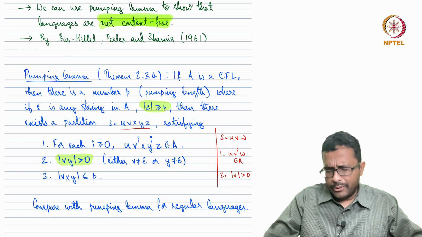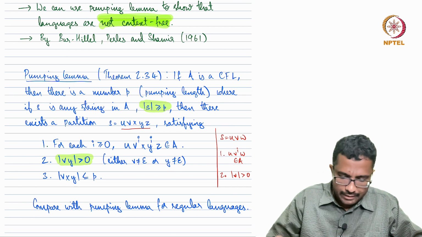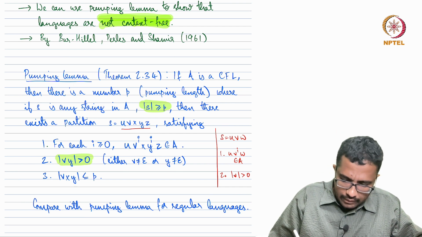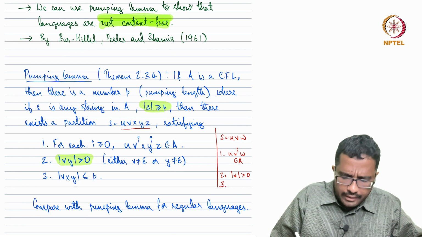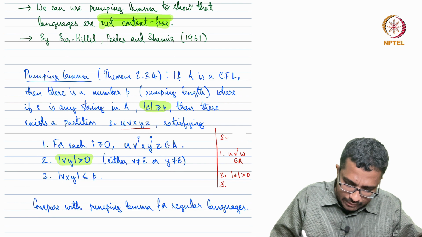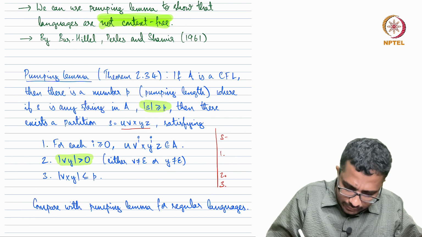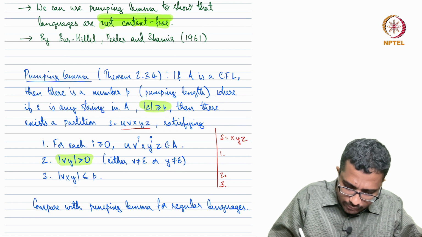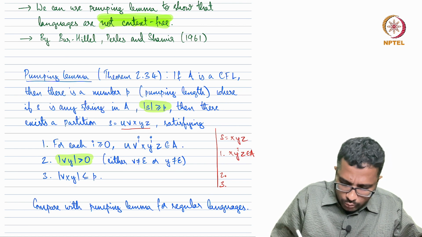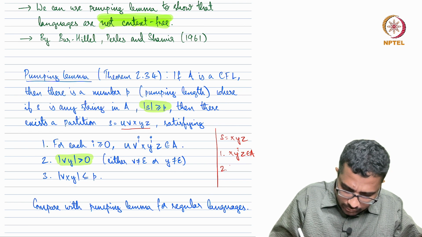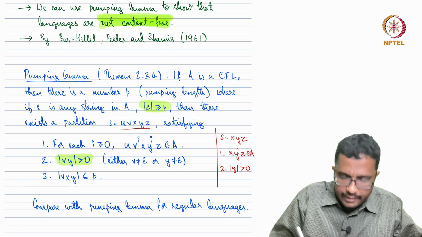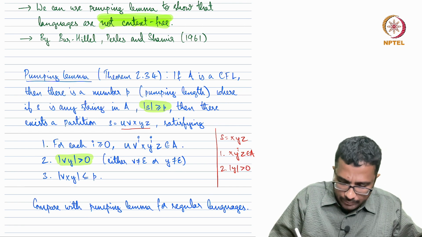I don't recall if I used XYZ or UVW, so I'll just use XYZ. S is equal to XYZ. One was that X, Y power I, Z is in A. Two was that the length of Y is strictly greater than 0, meaning Y is not empty.